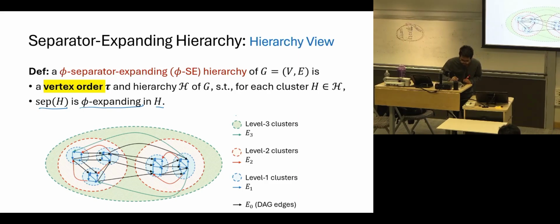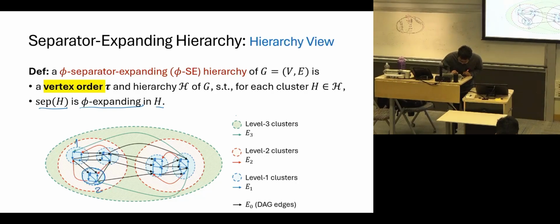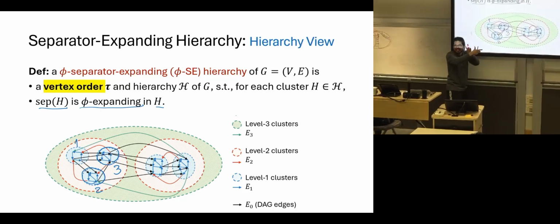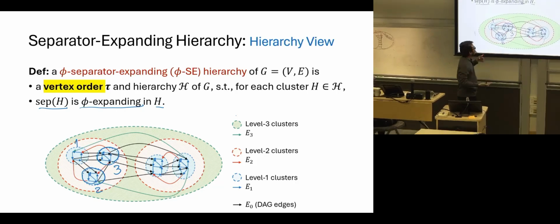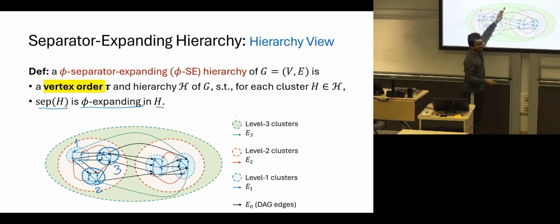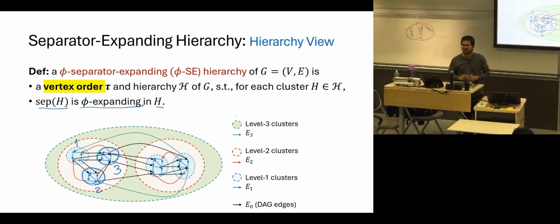You see, I can draw it like this thing first, then this second, this third, such that each cluster is an interval in this ordering. And the green thing is just the backward edges that are expanding, that separate a cluster.